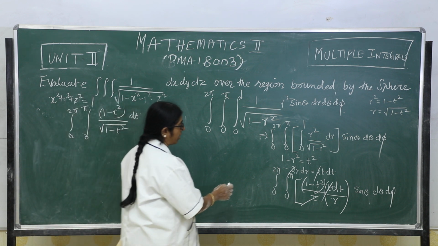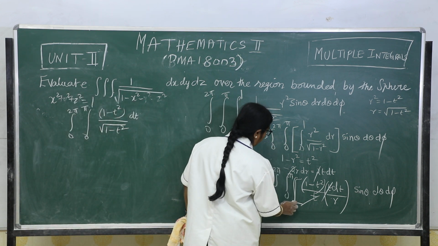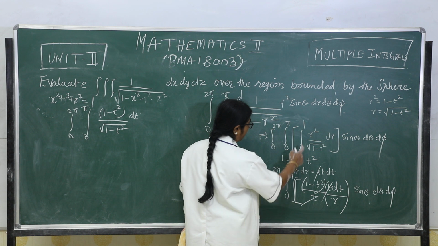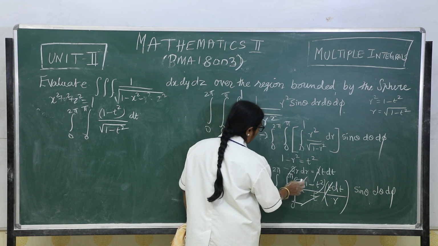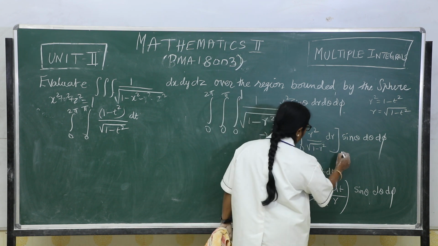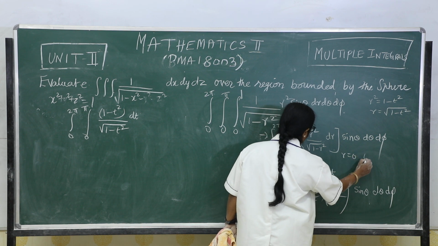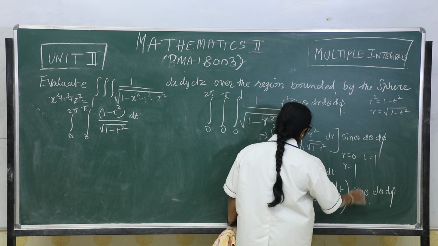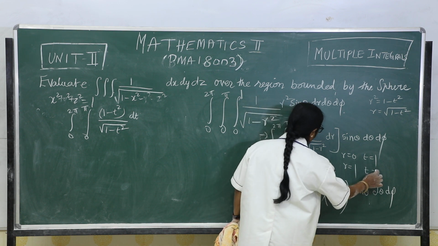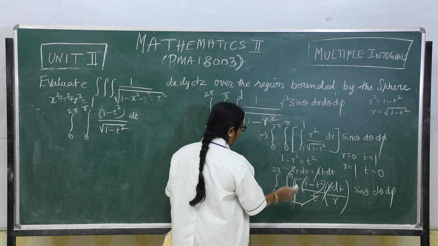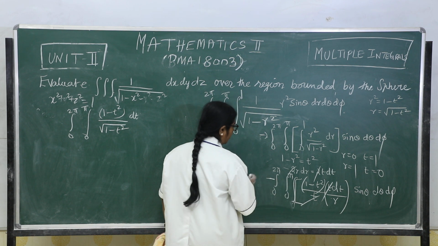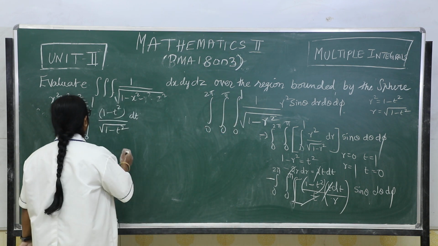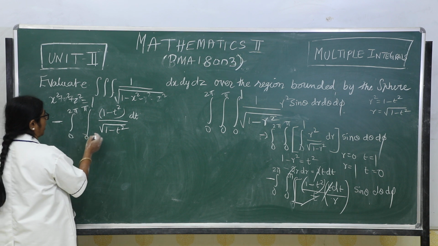Along with the integration, I will have to change the limits. When r is equal to 0, t squared equals 1, therefore t equals 1. When r is equal to 1, t equals 0. And of course, I have one negative sign extra which I will have to write outside. Therefore, I have a negative sign.